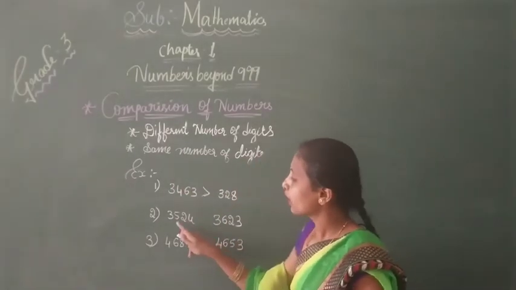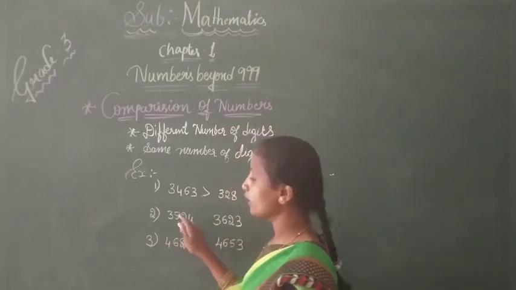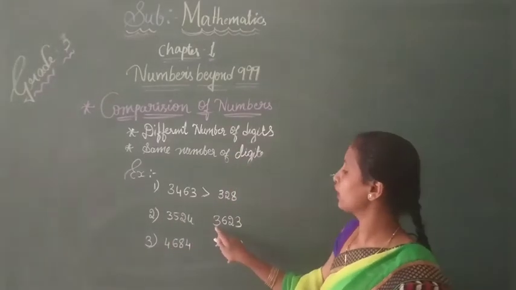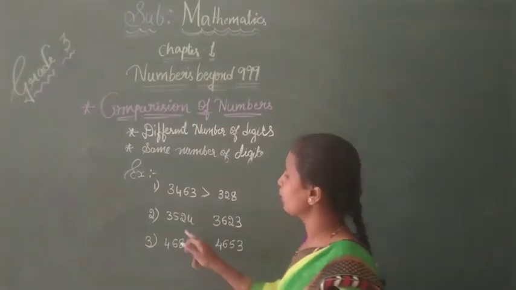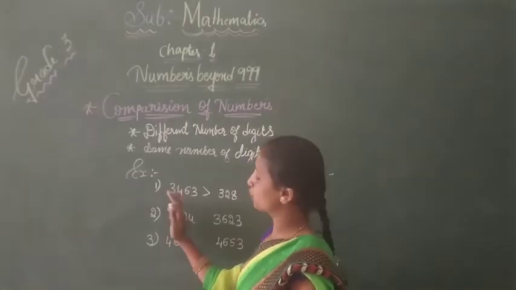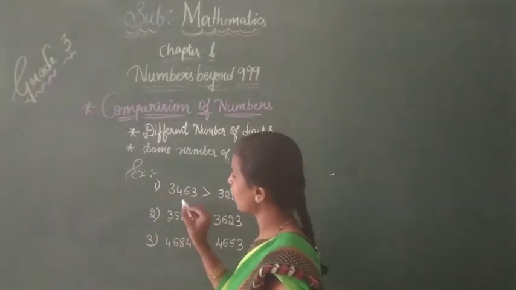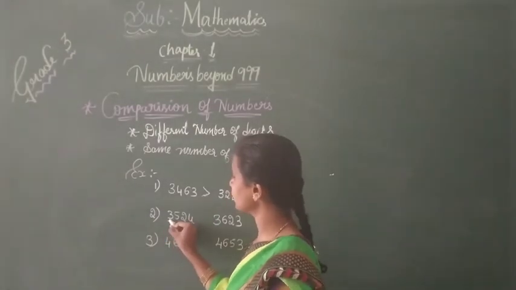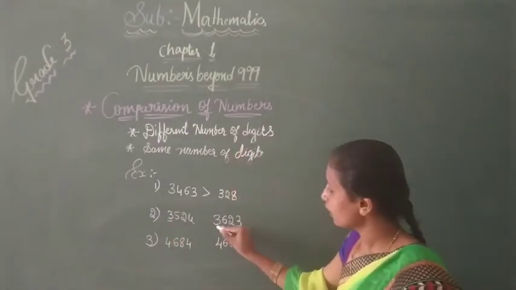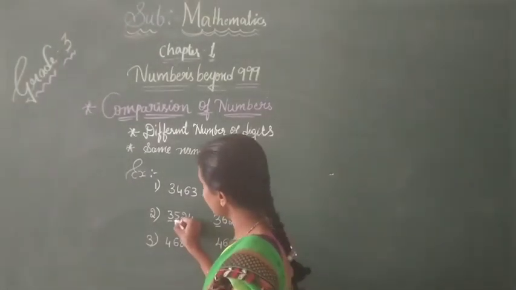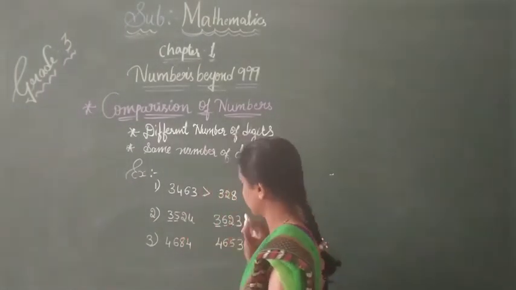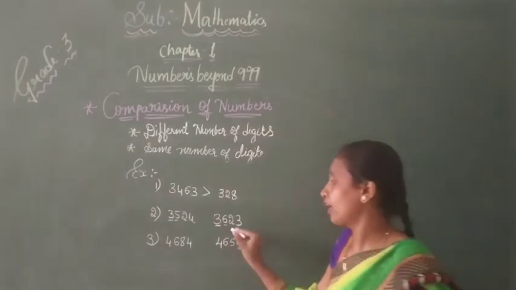Look, 3524 and 3623. We have to compare from the leftmost side, that means the thousands place. Here in the thousands place is 3, here also 3. But in the hundreds place, here is 5 and here is 6. So which is greater? This one.